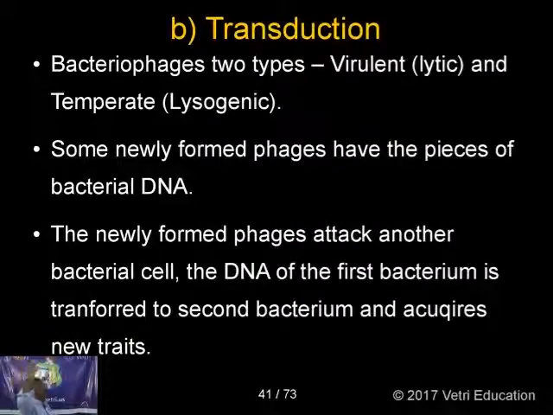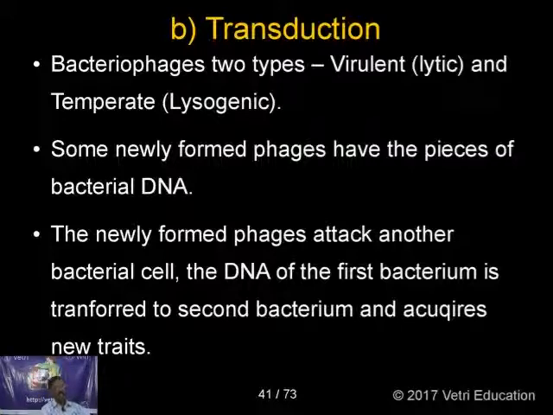You know that bacteriophages are of two types, the virulent (lytic) and the temperate (lysogenic). So in the first one, the virulent or lytic phase, what happened? The bacteriophage infects the bacterium, and the phage DNA enters the bacteria. In order to prepare its own phage particles, they assemble together and are released. When released, what happens in the meanwhile?